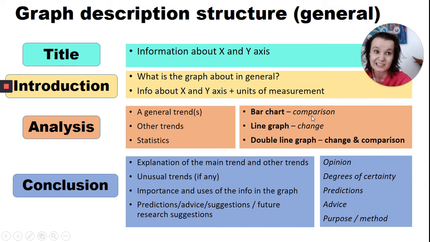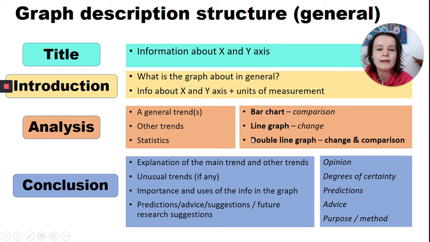Most likely it's a comparison of values, so you need to use the language of comparison, the compare and contrast structures, comparative adjectives and adverbs. When you describe a line graph, line graphs show changes through time, so you will need to use the language of changes, like increase, decrease, drop, fall, and stuff like that.